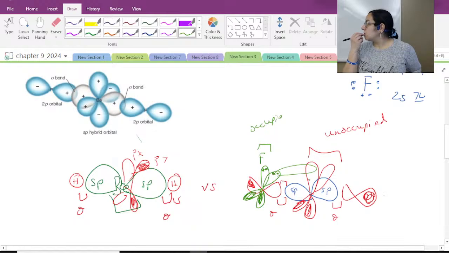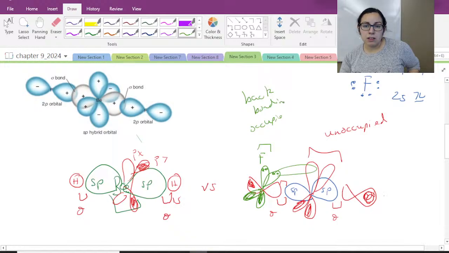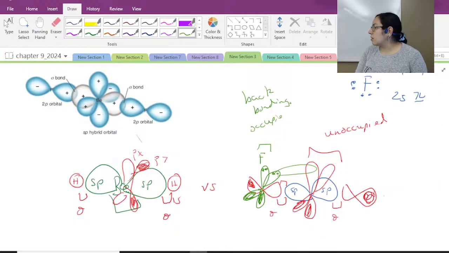Did you say pi back bonding or back bonding? Back bonding, yeah. I saw pi backbone interactions earlier. Does that have anything to do with pi back bonding? Yeah, probably they're referring to anytime you have a pi system.